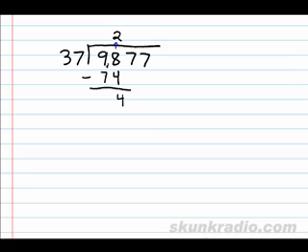And 9 minus 7 is 2. So I know 2 is the right choice because 37 won't go into 24. If this number down here were larger than 37, I would have to bump this up. I'd have to erase all this and choose a 3. But in this case, I made the right choice.